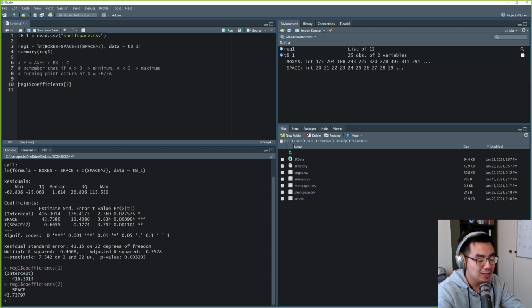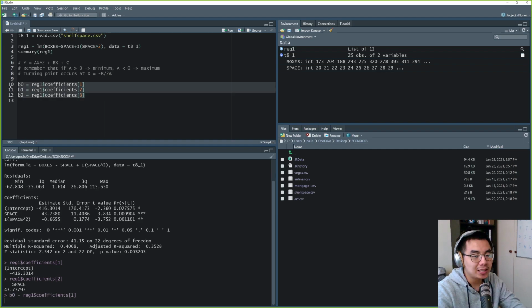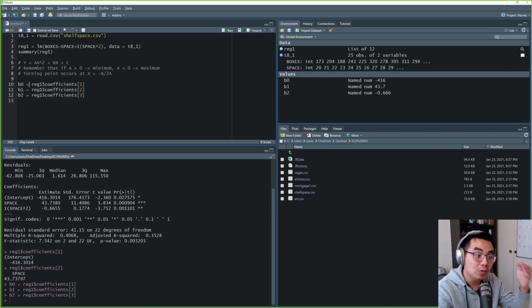So what I'm going to do is save the coefficients as B0, B1, and B2. The reason I'm going to do that is it makes it much easier for me to do calculations later on if I could just use B0, B1, and B2 to refer to these three coefficients, right? And if you check these coefficients here against the output of the regression, you can see that they're the same, all right?